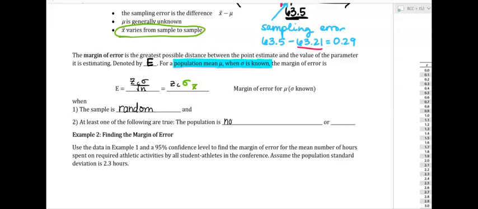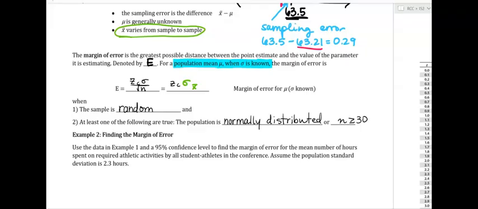Either the population has to be normally distributed, or n has to be greater than or equal to 30. The sample size has to be greater than or equal to 30. And hopefully those conditions look familiar too, because those are the same conditions from the central limit theorem, which is exactly the kind of problems that we're working with.